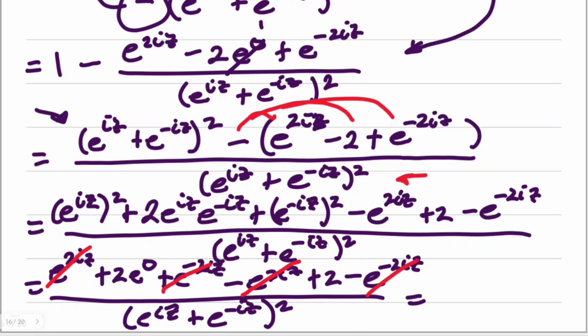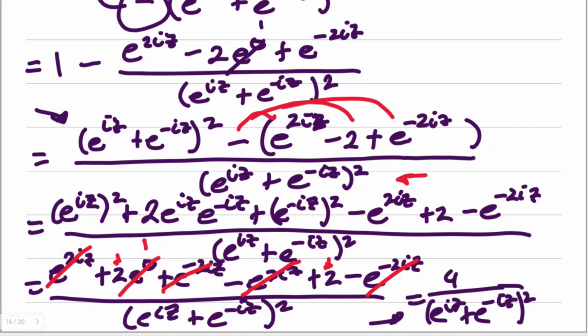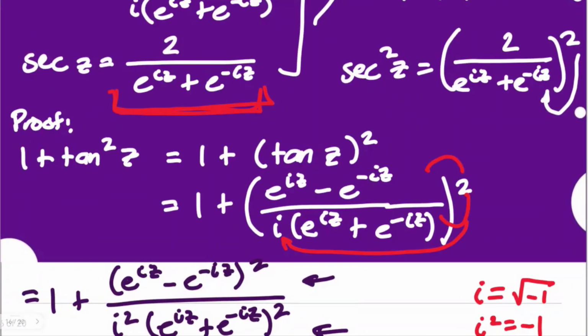We know that e to the power of 0 is equal to 1. So 2 plus 2 will result in 4 over this entire denominator, e to the power of iz plus e to the power of negative iz, where you square that. So after this, take note and let's go back to our goal. Our goal is actually to show this expression. We have here exponentiation for both.